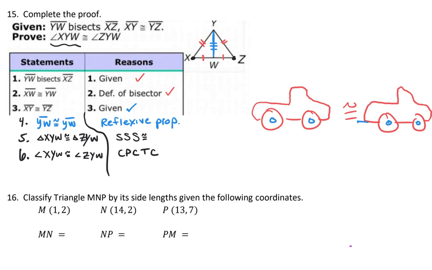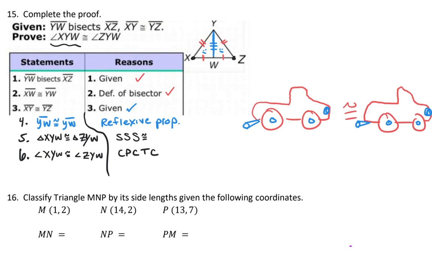Their muffler's the same. Their headlights are the same. All the parts of one truck are congruent to the parts of the other truck because the trucks are the same. Same thing with these triangles. If those 2 triangles are the same, then all their parts are the same. Just like if I cloned my chickens, then all the parts of the chickens, I don't know. That's getting weird.